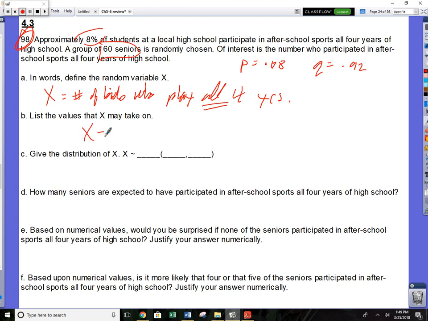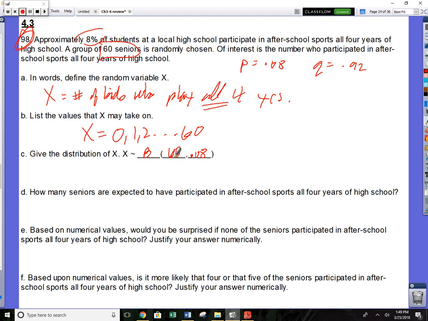So x could actually be 0, none of them, 1, 2, all the way to 60. So here's the distribution. X is a random variable with a binomial distribution with the parameters 60 and 0.08.